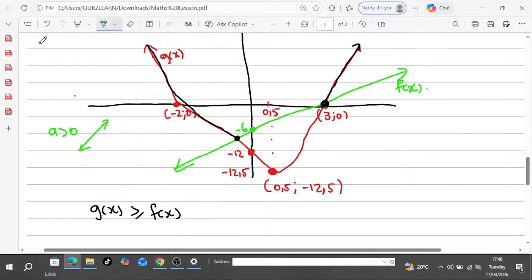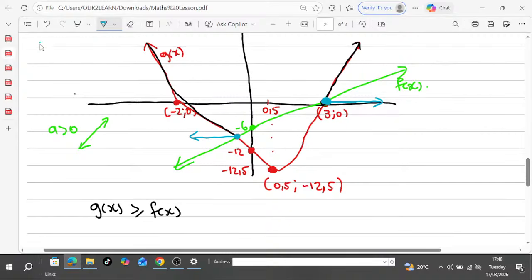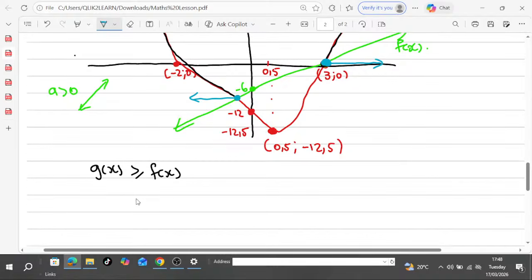So from this point going that side, f of x is above g of x, and from this point going in that direction, I'm sorry, g of x is above f of x. So to answer this, we're going to say that x must be greater than or equal to 3, because it's from this point moving in that direction.